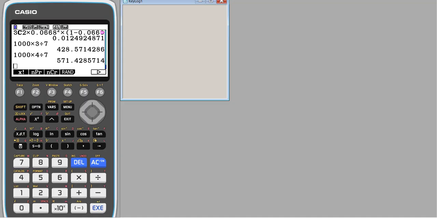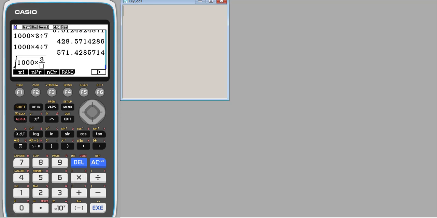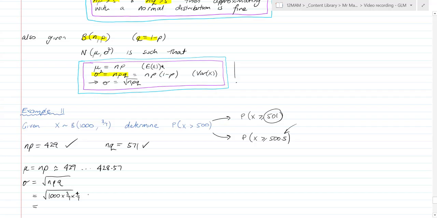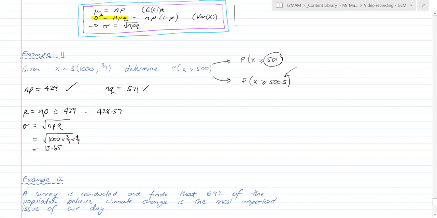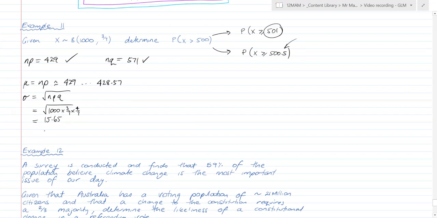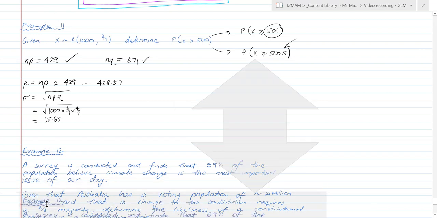Let's do that calculation. Shift, square root, 1,000 times 3/7 times 4/7, and that's equal to that, but I might keep it as a rounded value here, 15.65. So 15.65 is our value of sigma.